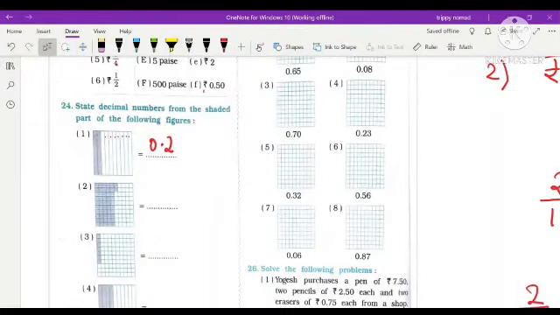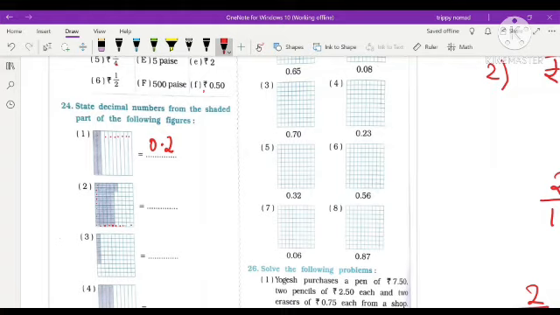Same way question number 2. Here small squares are given. First I will count how many boxes are drawn: 10 boxes horizontally and 10 vertically. So 10 tens are 100, out of 100.